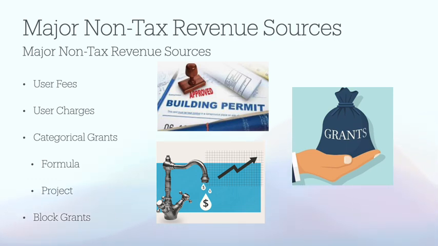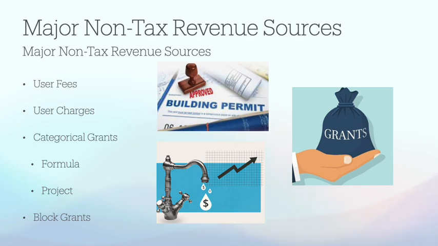You also have project grants, and these are usually based on a competitive application. So say a local city might want to work on enhancing a park. They provide a proposal to, say, regional parks and open space, and hopefully win a project grant. Block grants are also another kind of grants.